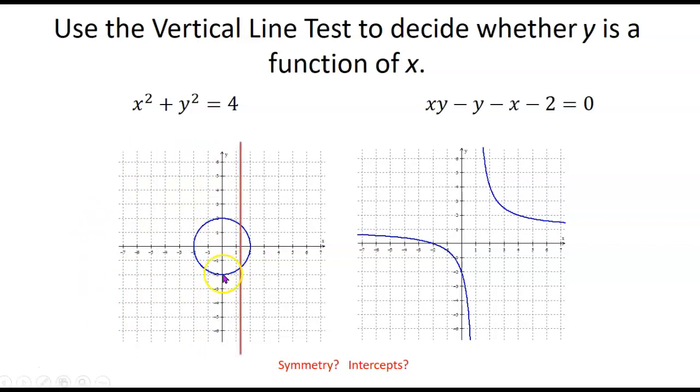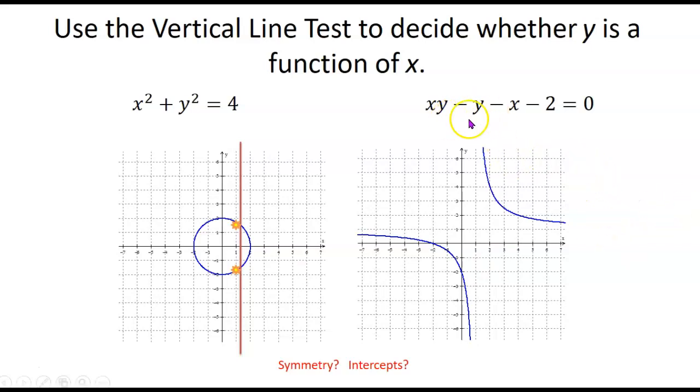Well, no. Looks like a vertical line touches this graph at more than one point. So there's more than one y for the same x. And if that happens, y can't be a function of x.